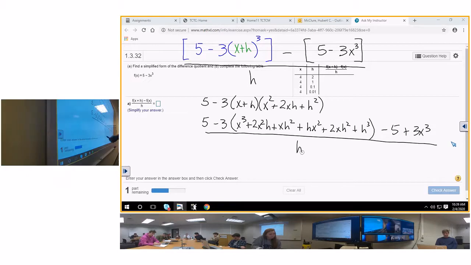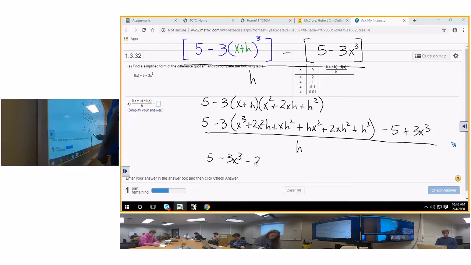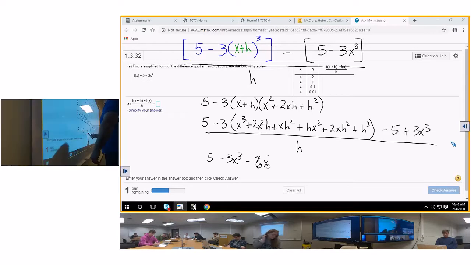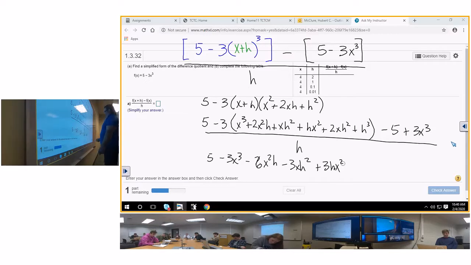And now that's going to be 5 minus 3x cubed minus 6x squared h minus 3xh squared plus 3hx squared. No, it's going to be a minus, sorry.